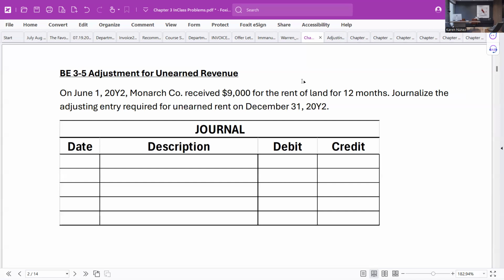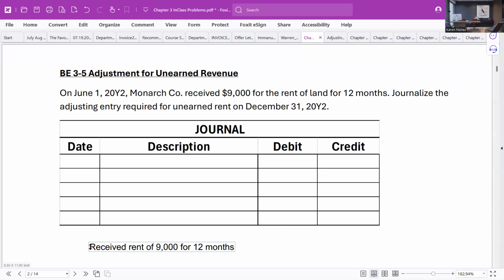We need to recognize that they received this rent, right? They received rent of $9,000 for 12 months, right? $9,000 for 12 months was received.